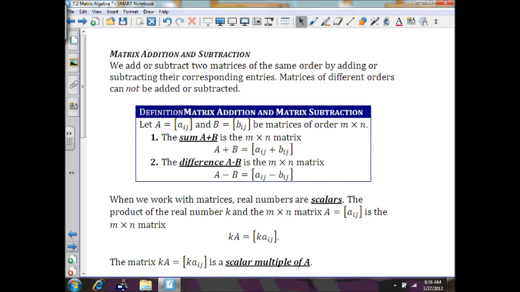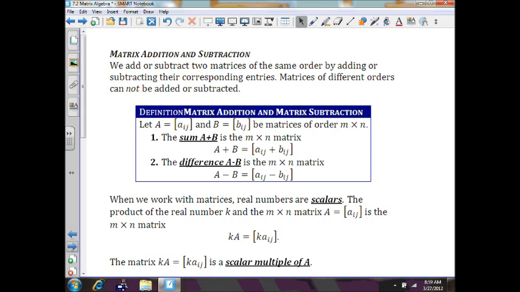Now, also in this section, we're going to add, subtract, multiply by a scalar, and multiply 2 matrices. We add or subtract 2 matrices of the same order, meaning they have to have the same number of rows and the same number of columns, by adding or subtracting their corresponding entries. Matrices of different orders cannot be added or subtracted.